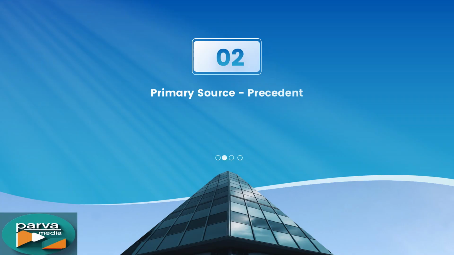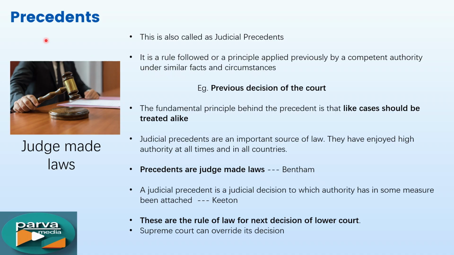Let's now explore the concept of precedent, also known as judicial precedent. Precedent is a foundational principle in common law systems. A precedent refers to a rule or legal principle that has already been established by a competent authority, typically a court, in a previous case with similar facts and circumstances.